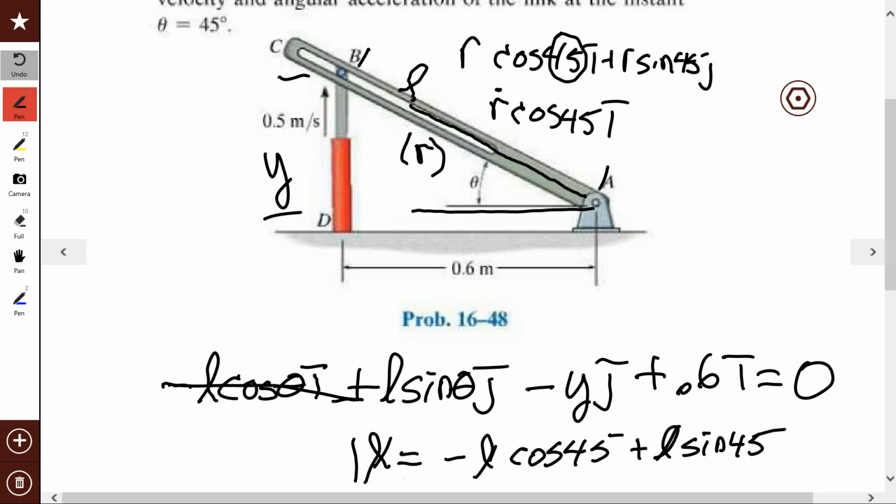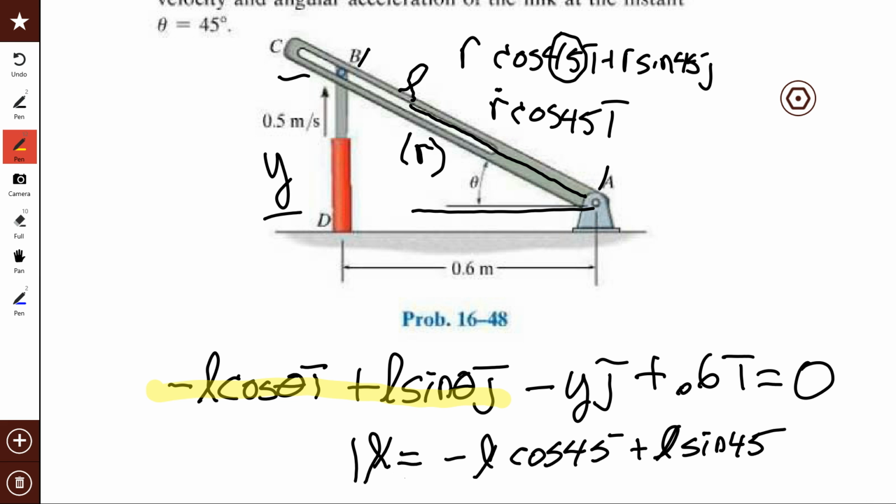Let me highlight this guy right here. I think you're trying to do something like that, but I don't know what you were thinking when you came up with your formula. It's not right.